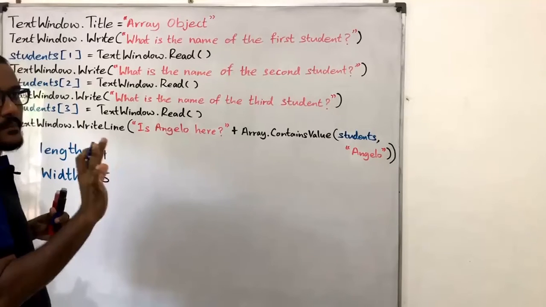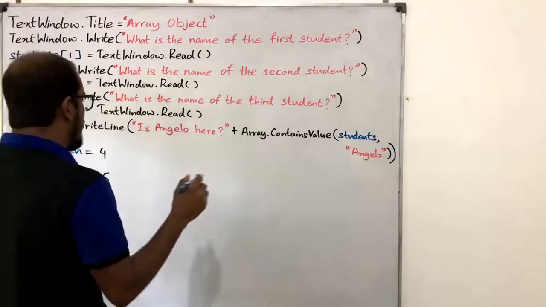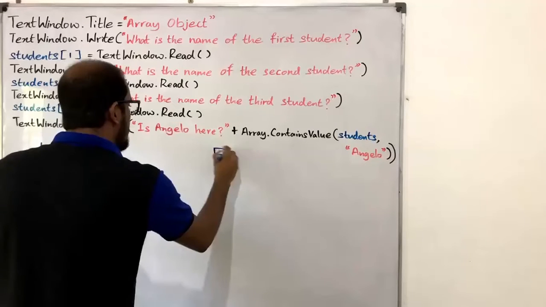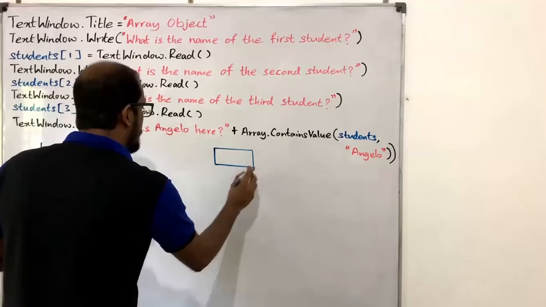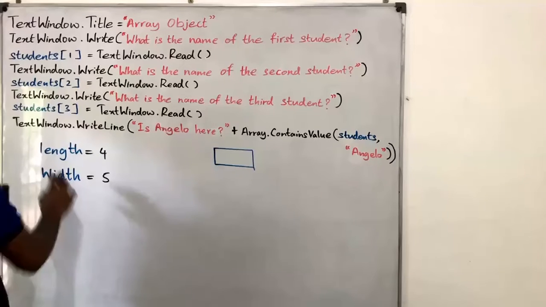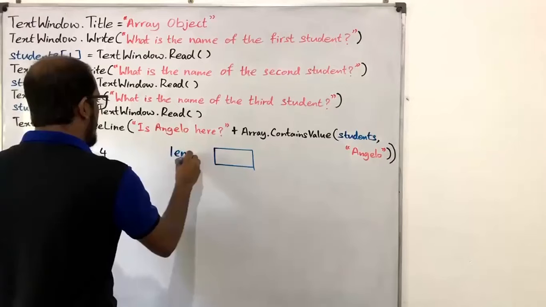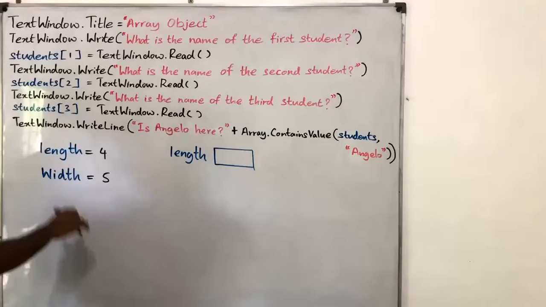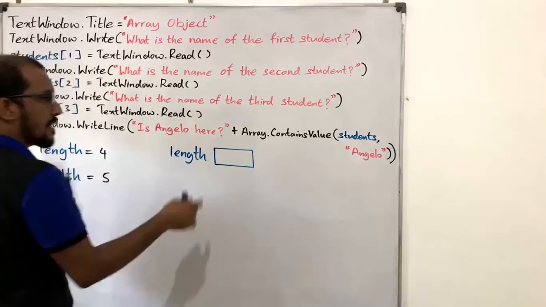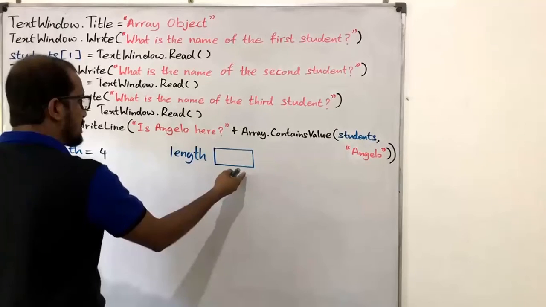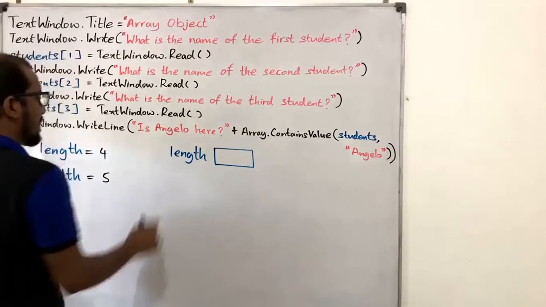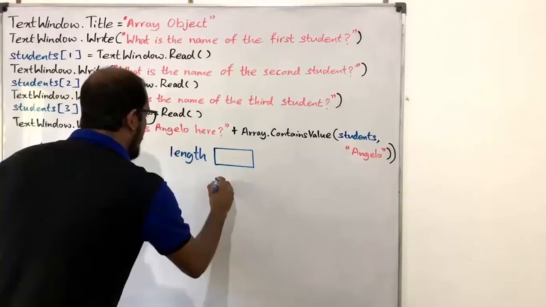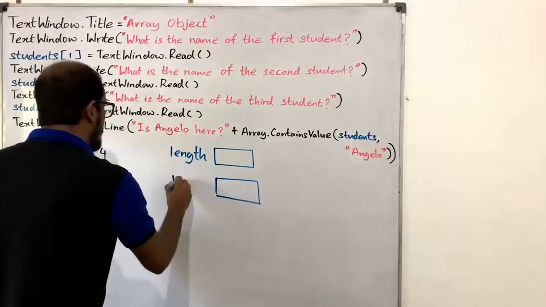So in the RAM, a memory space is allocated or created under the name length. Likewise, for the width variable, another memory space is created under the name width.